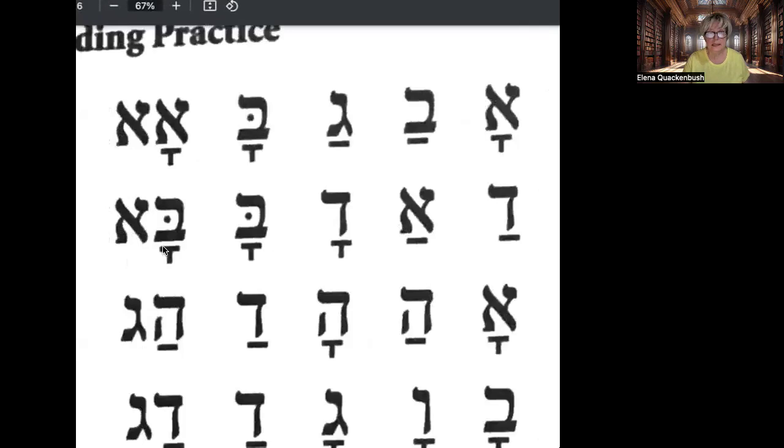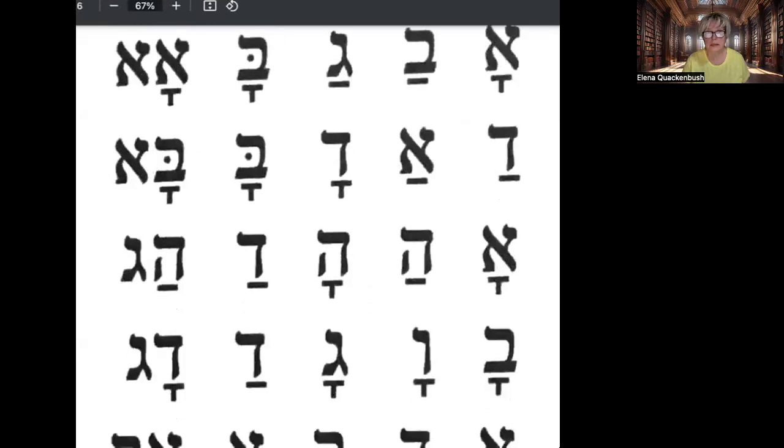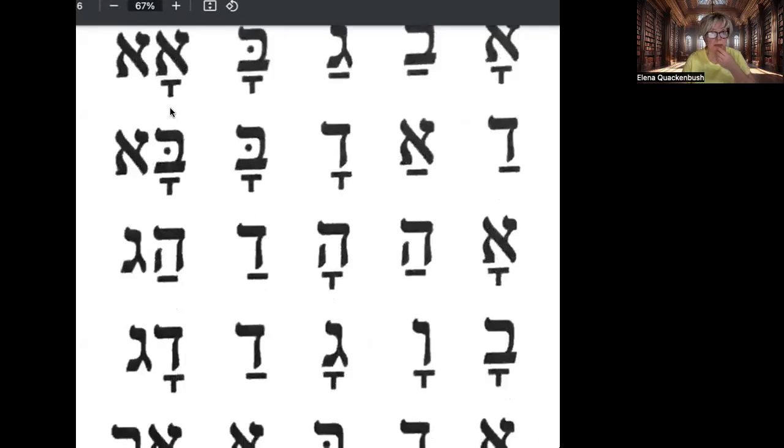The last letters over here are not single letters, but a combination of two letters. Aleph doesn't have any sound in this position, so what is left is the vowel ah. Bet does have a sound, b, but Aleph doesn't, so it is ba.